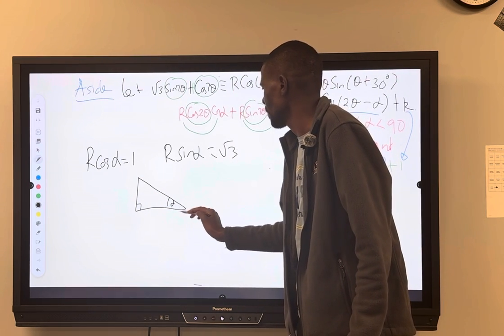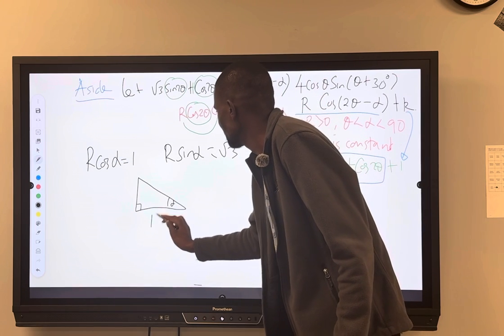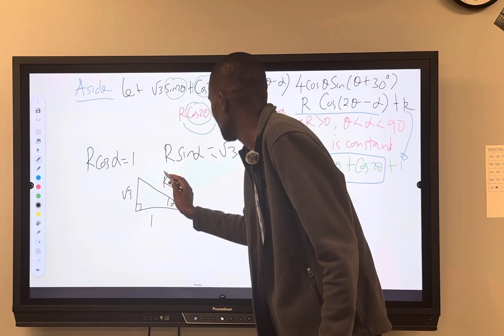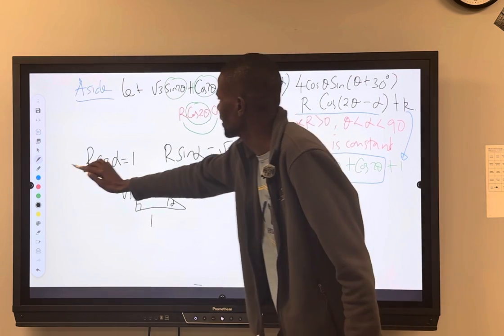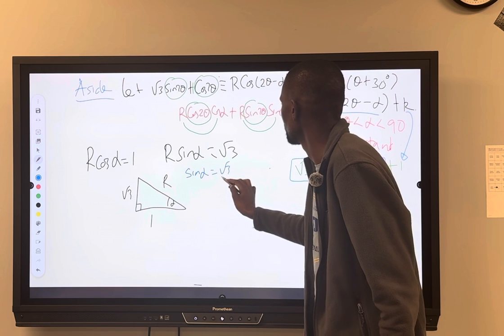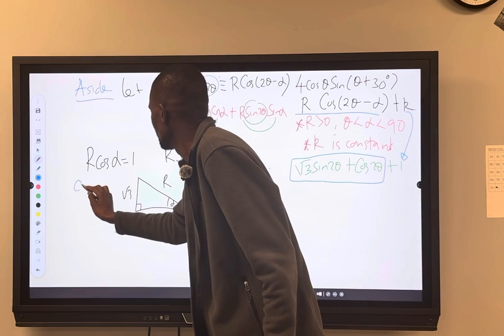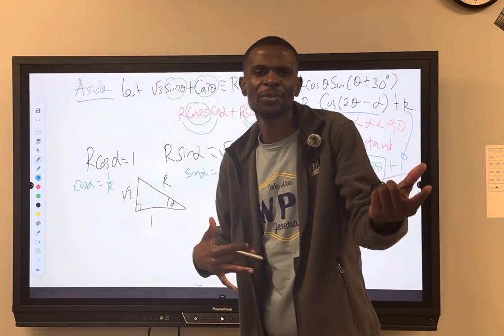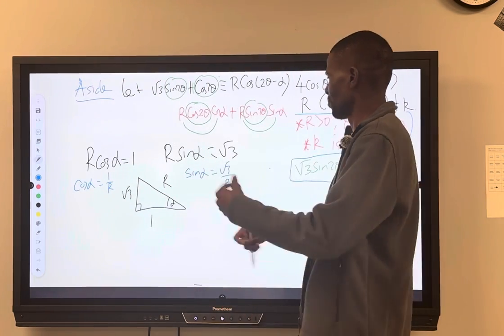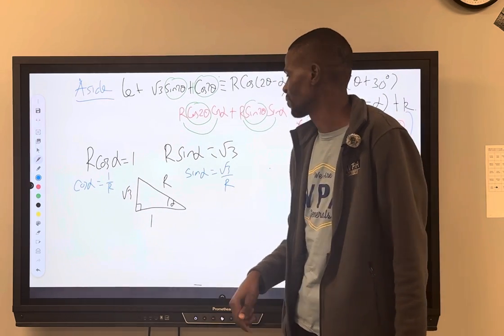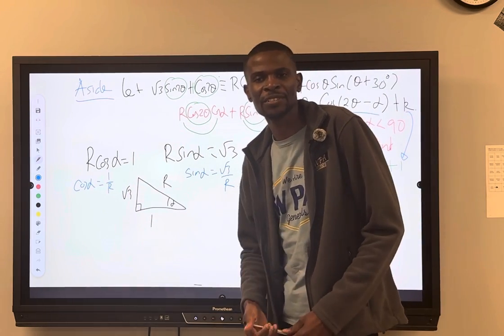I'll put my alpha. Cos is adjacent over hypotenuse, sin is opposite over hypotenuse. So sin alpha is equal to root 3 over r, and cos alpha is equal to 1 over r. From SOHCAHTOA, you can know how to plug in those values for the legs and the hypotenuse, right?